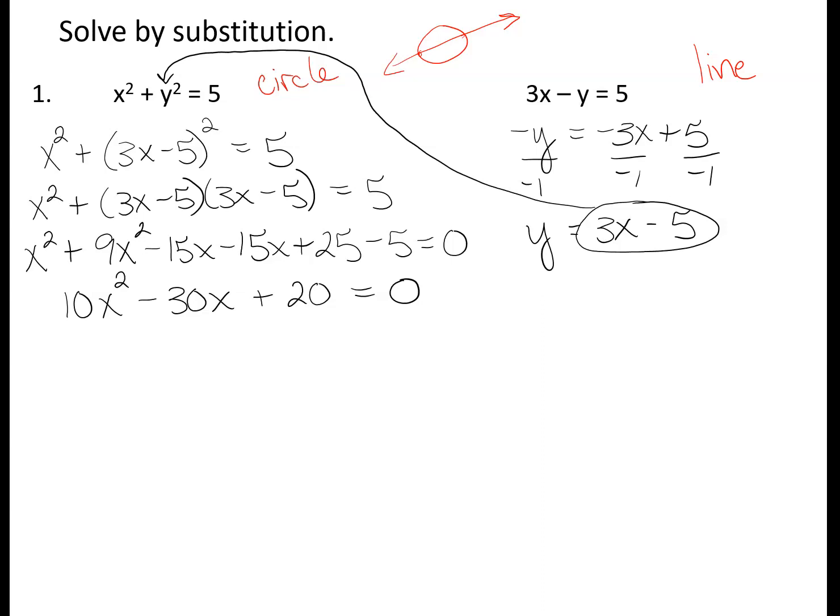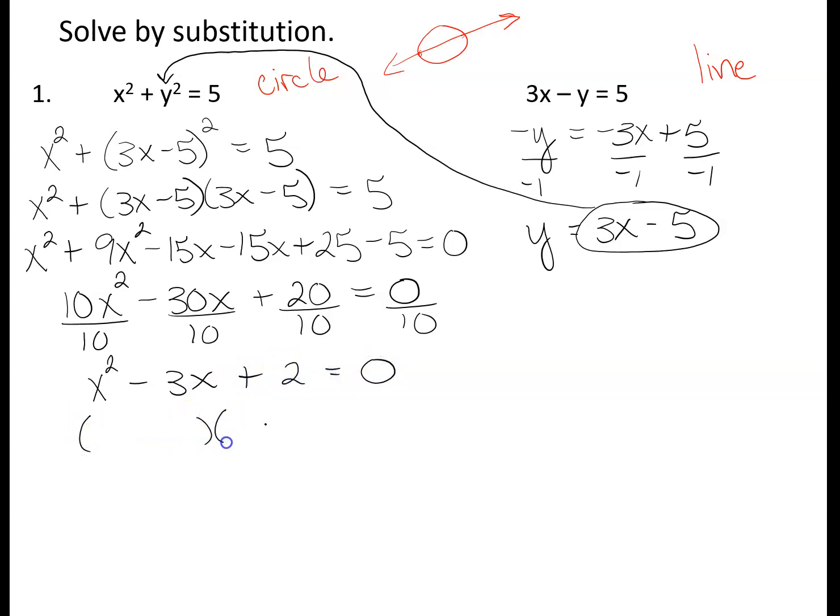Now, I would always try factoring first, and you may notice right away that there's a GCF of 10, but rather than set that 10 out front, let's just go ahead and divide everything by 10. Remember, you can do that when you're solving an equation. So that's going to give us x squared minus 3x plus 2 equals 0. And then we'll factor that trinomial.